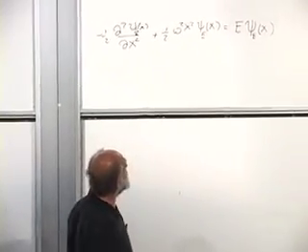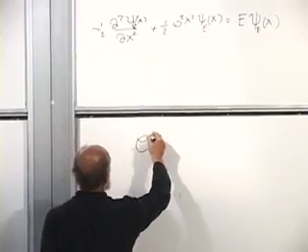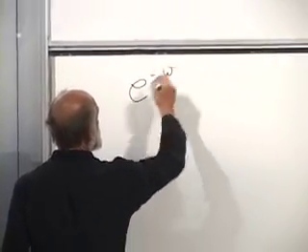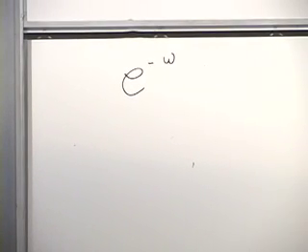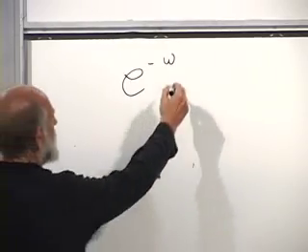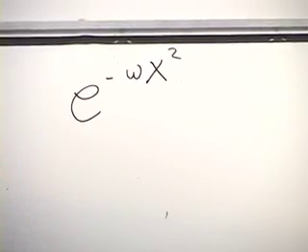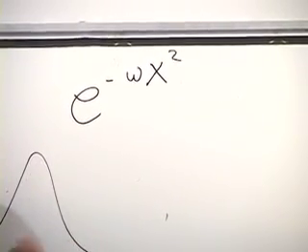There's a solution which looks like e to the minus omega, or I can't remember if it's omega or omega over 2, x squared. That's an interesting wave function. It's concentrated near the origin.